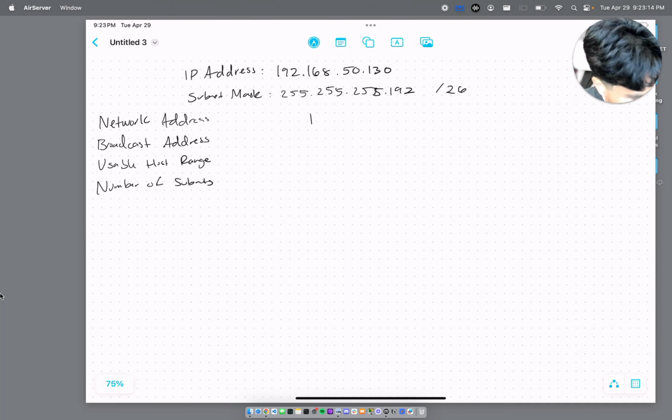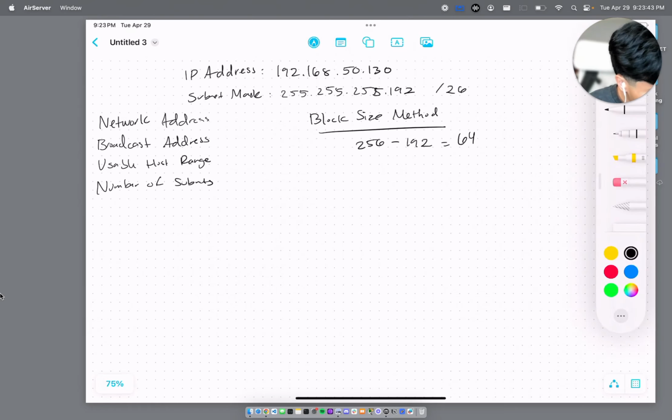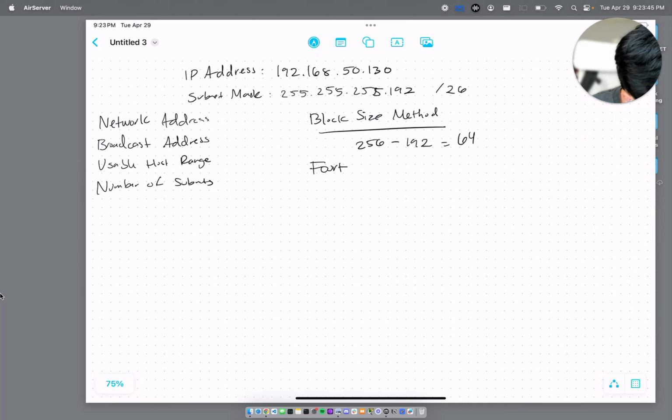So let's start with the block size method. And as we know, 256 minus 192, which is in the 4th octet, right? That's the interesting octet. So it's going to jump by 64. Right? So the first three octets stay the same, this is the network portion, and the host portion is going to change.